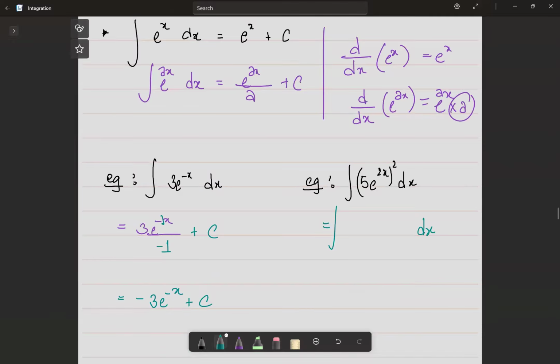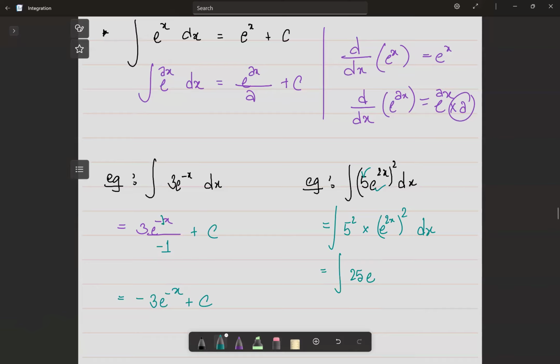Here we have a square over the entire bracket, so the square is over both 5 and e to the power of 2x. So you will have 5 square and e to the power of 2x square. This gives us integration of 25 times e to the power of 2x whole square.